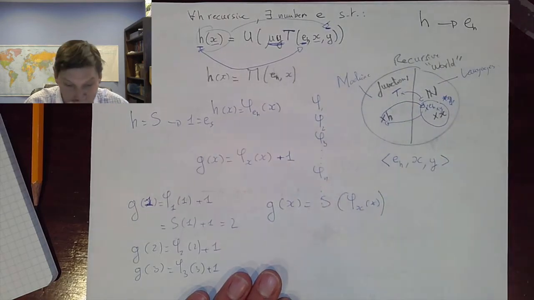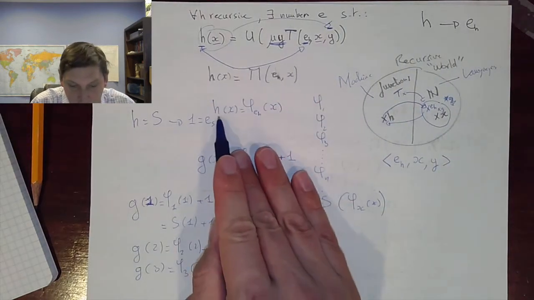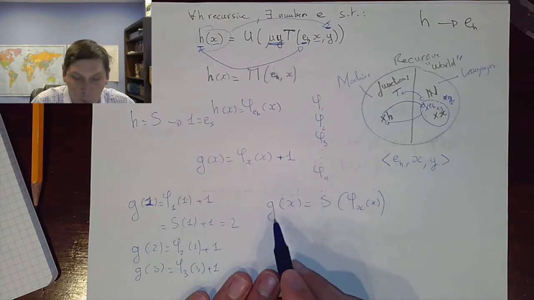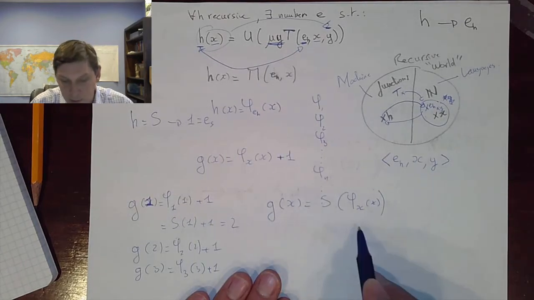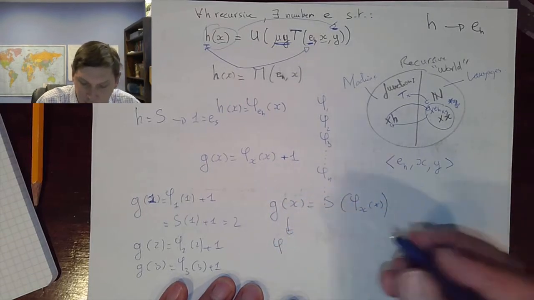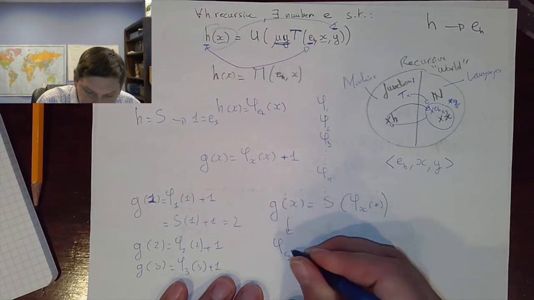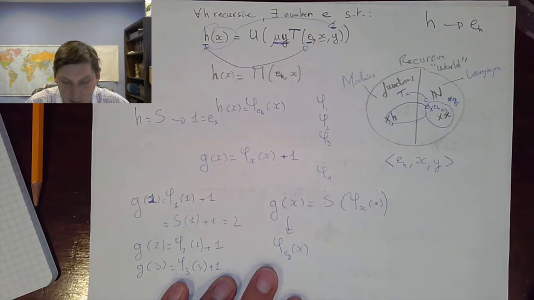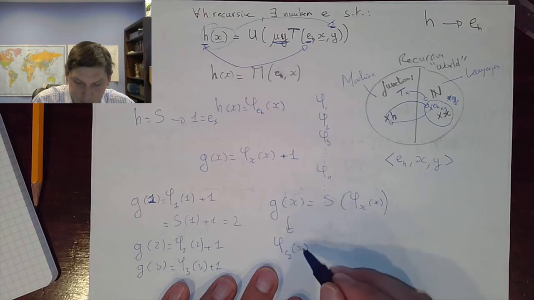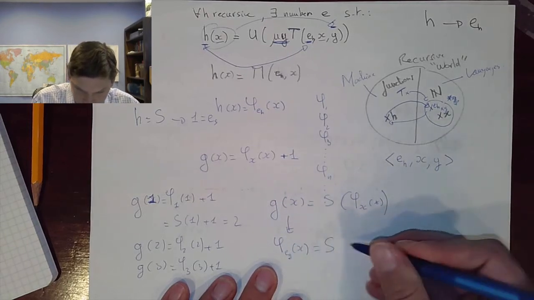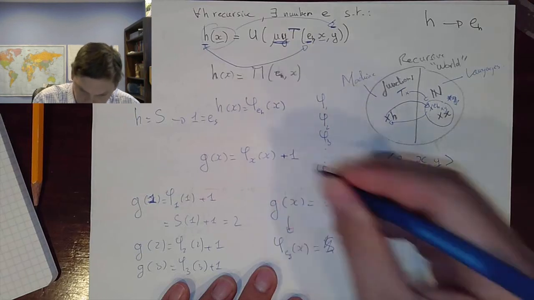We already said that. The same way that for h of x there is a phi e of x, there should be one also for g, the one I just created. So what is the phi corresponding to g? It's phi eg of x. So I can then say that phi eg of x equals, I'm going to use a plus 1 notation.